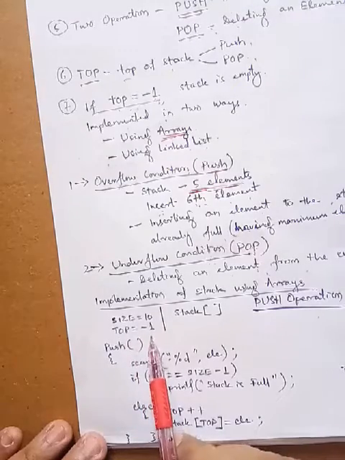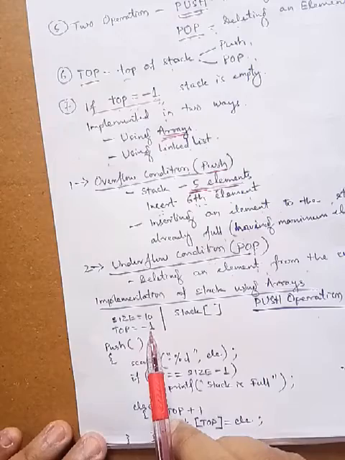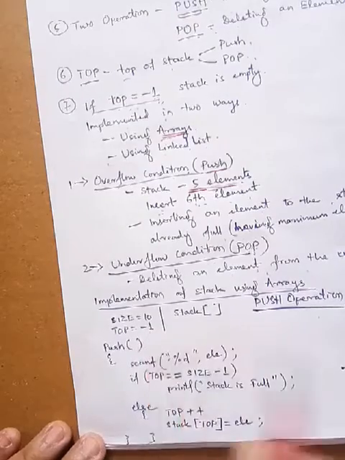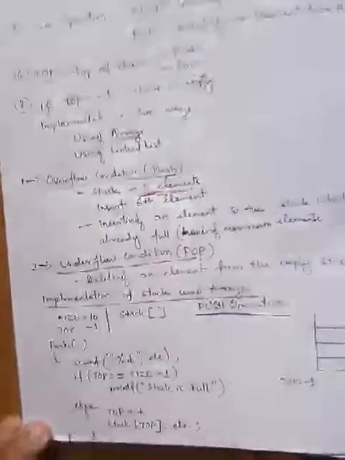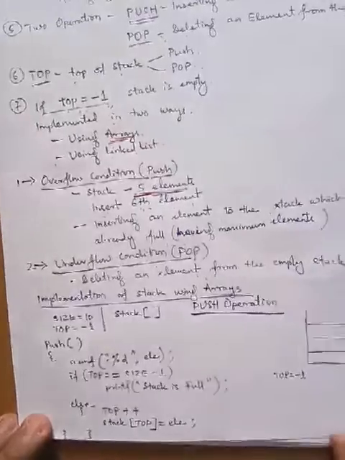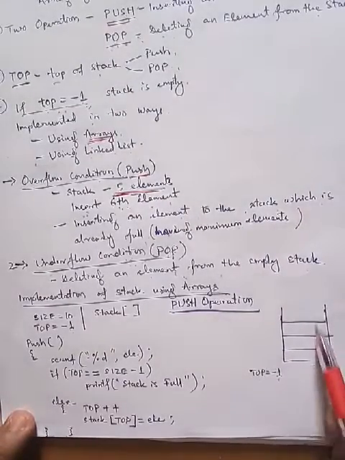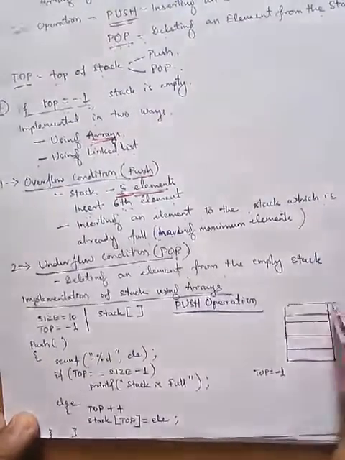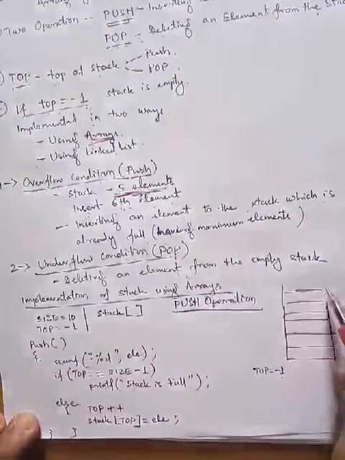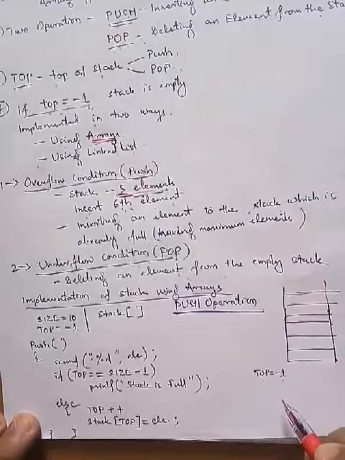That means when the top variable is -1, the stack is empty. That means there is no element in the stack. There are 10 locations.